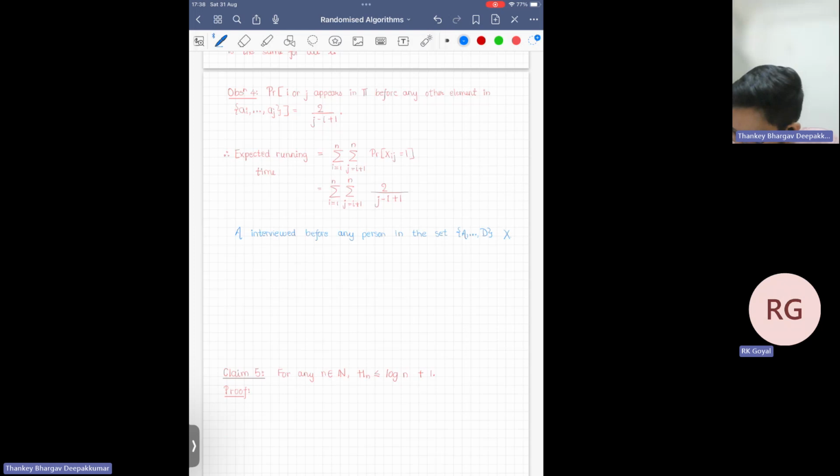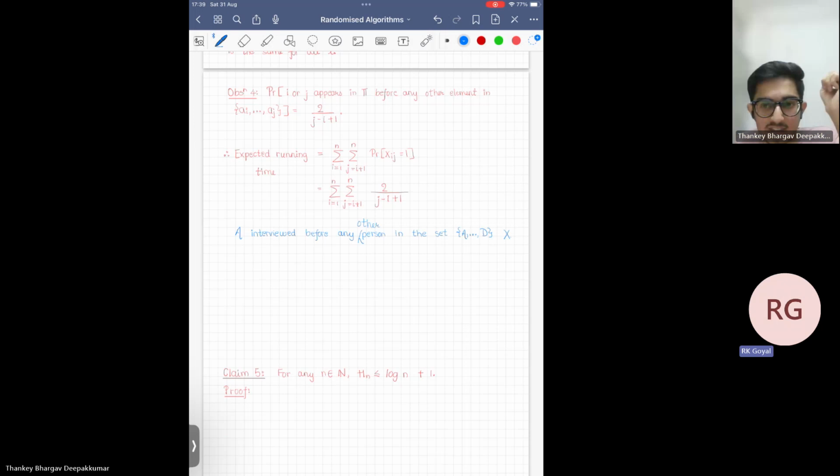So this is required: A interviewed before any other person in the set. It means that A would appear first, and then B, C, D would appear in some order, right?